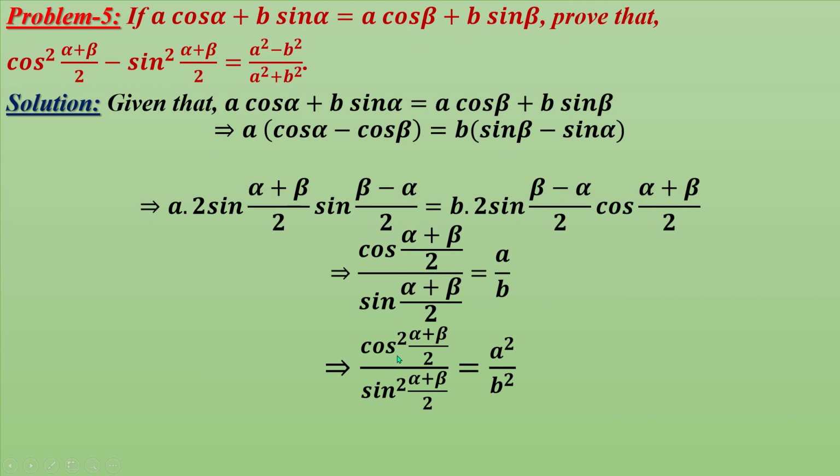And dividendo means the denominator will be subtracted: cos square (alpha plus beta) by 2 minus sin square (alpha plus beta) by 2, and here will be a square minus b square.